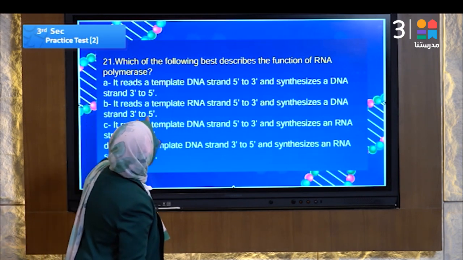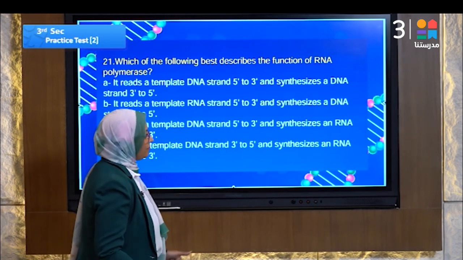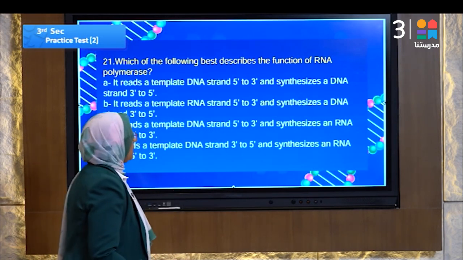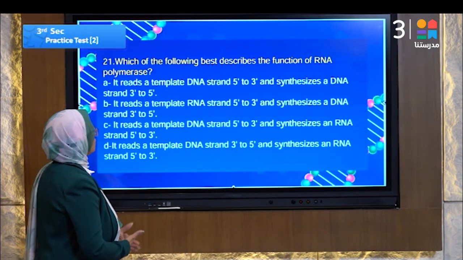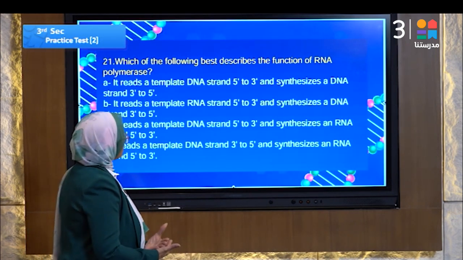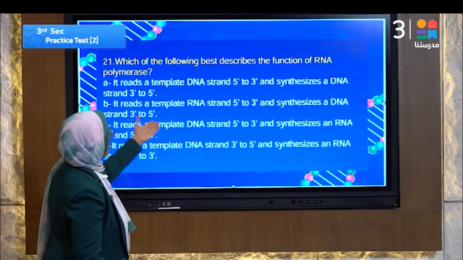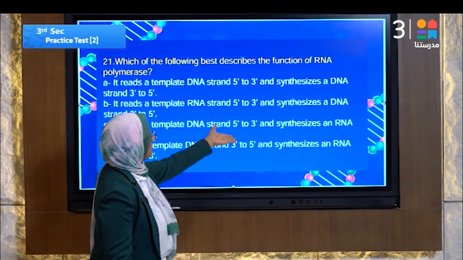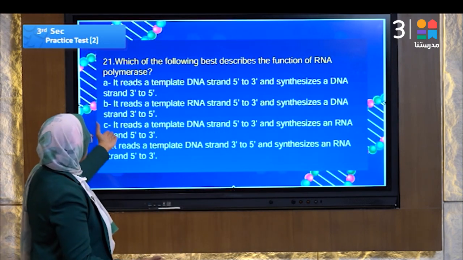A: It reads the template DNA strand 5' to 3', maybe, and synthesizes a DNA strand from 3' to 5'. I don't know. B: It reads a template RNA strand 5' to 3', and synthesizes the DNA from 3' to 5'.